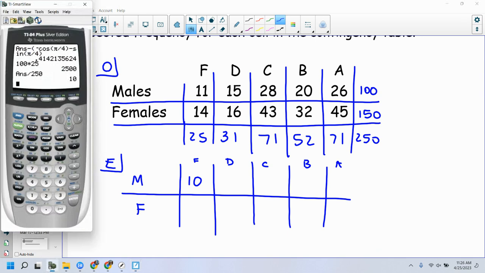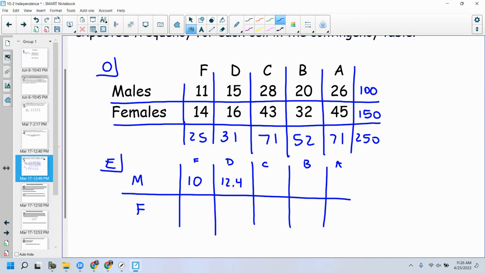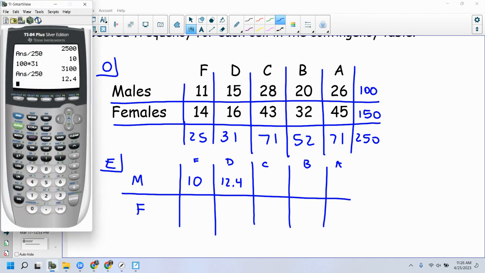Okay, so now let's do male D. 100 times 31 divided by 250. That's going to get me 12.4. And yeah, it's okay to have decimals. These are expected frequencies, not necessarily talking about actual people. All right, we got 71 times 100 divided by 250.